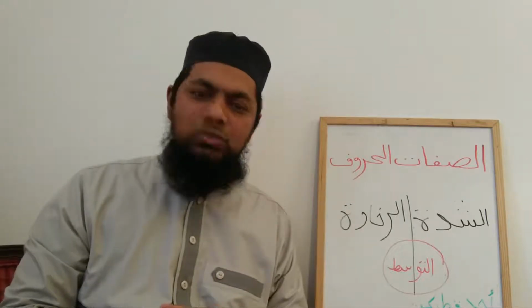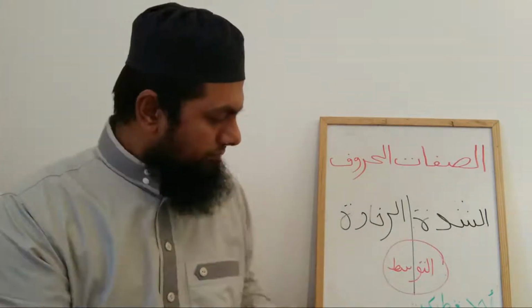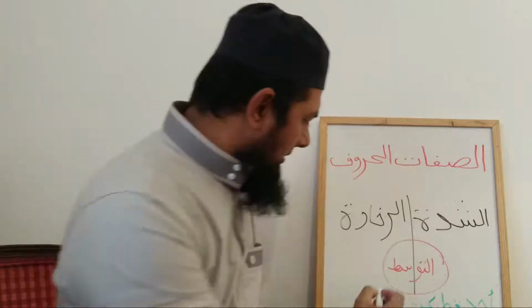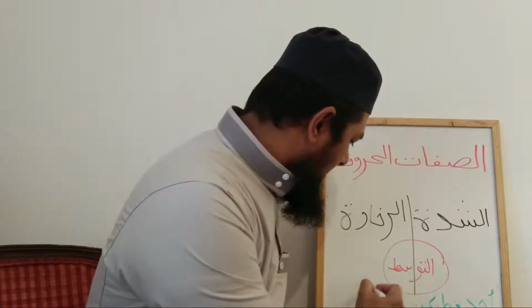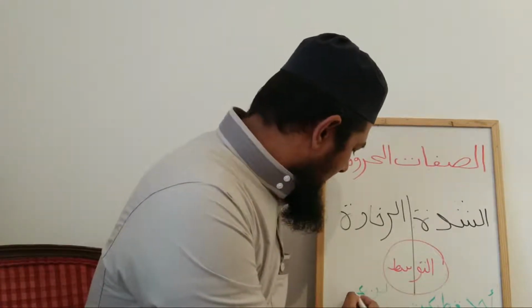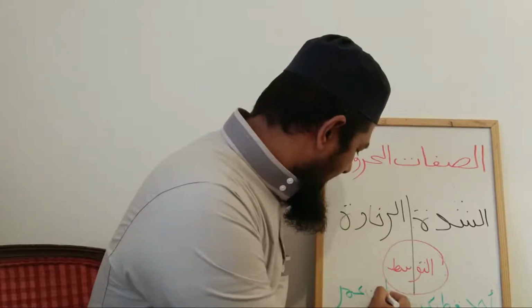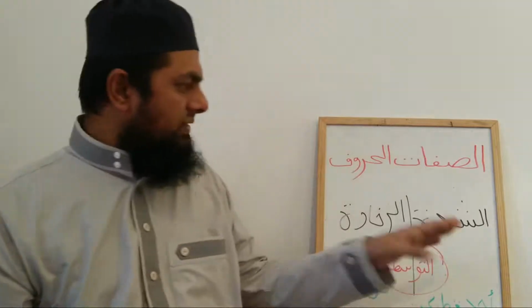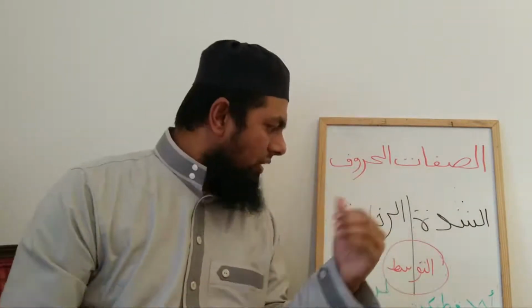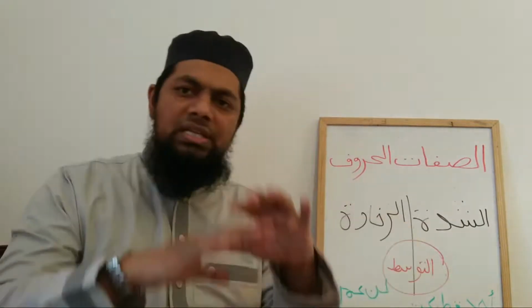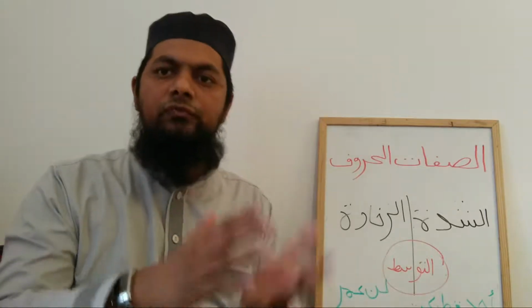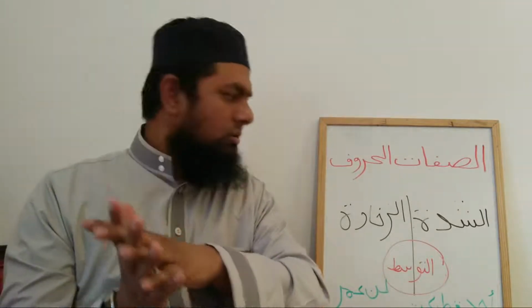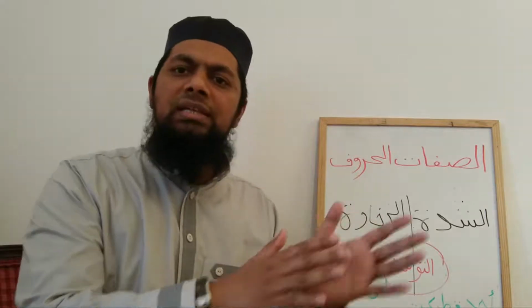These are 5 letters called Lin Umar. Shidda is again strength, and Rakhawa is soft, but Tawassut is in moderation. It's not very strong like Shidda, it's not very soft like Rakhawa.